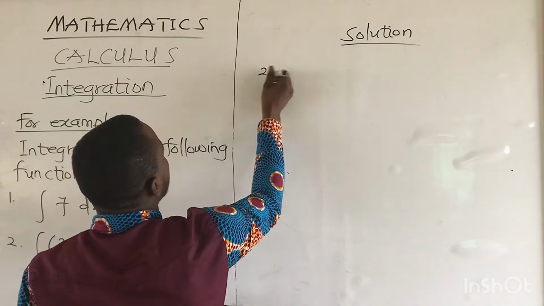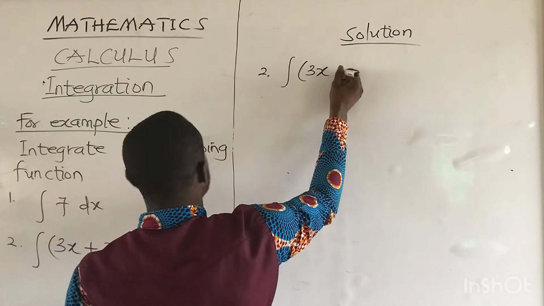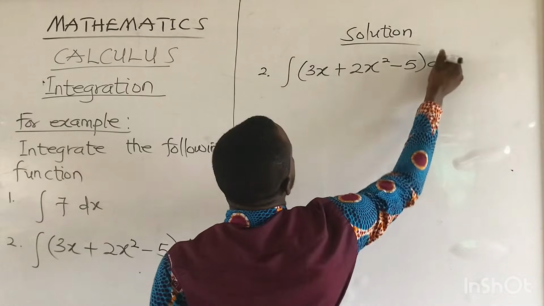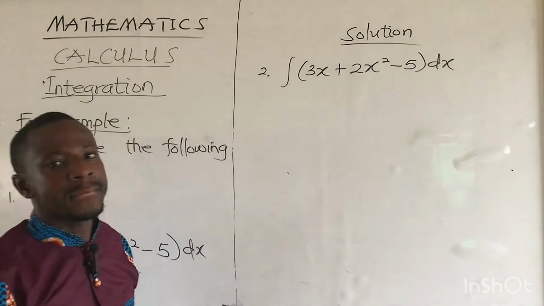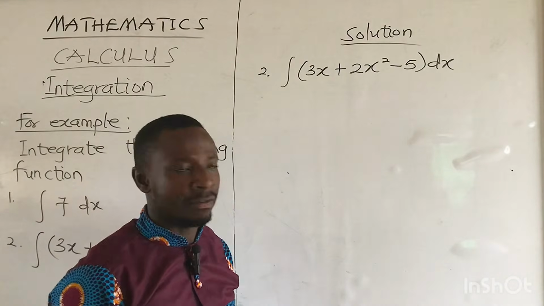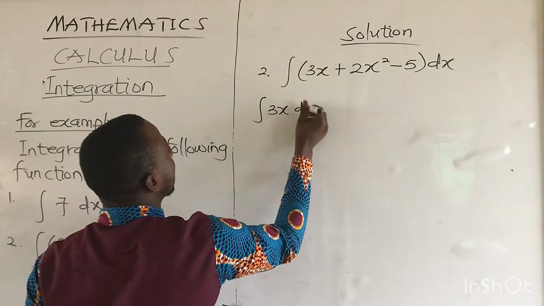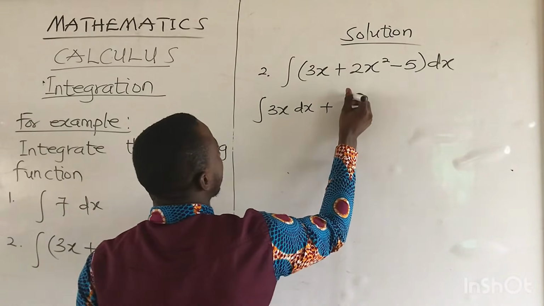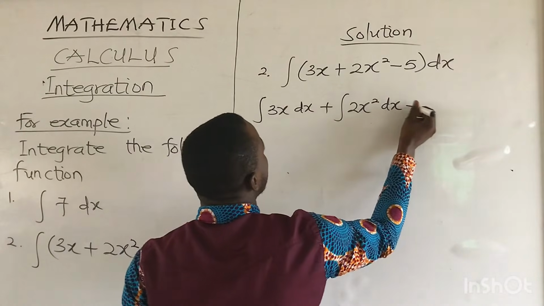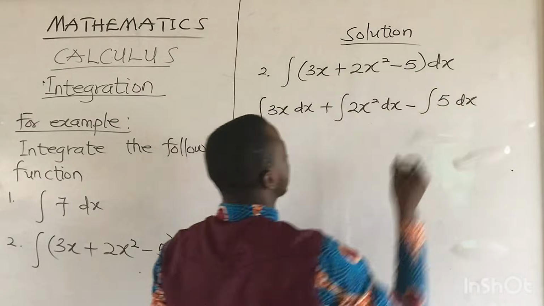So number 2, the integral of 3x plus 2x squared minus 5 dx. So over here, the integral sign will affect each of them. So we have the integral of 3x dx plus the integral of 2x squared dx minus the integral of 5 dx.